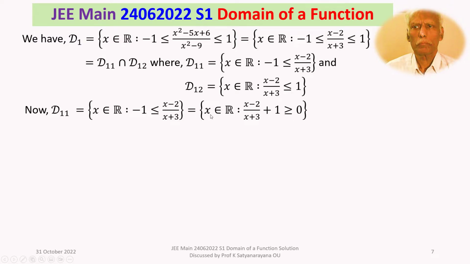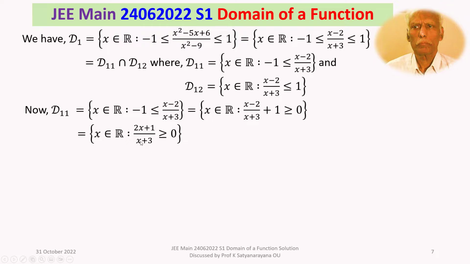That is, the set of all x belongs to R, (x minus 2) by (x plus 3) plus 1 is greater than or equal to 0. And we have studied, so now this plus 1 is added: x minus 2 plus x plus 3, that is (2x plus 1) by (x plus 3) greater than or equal to 0.